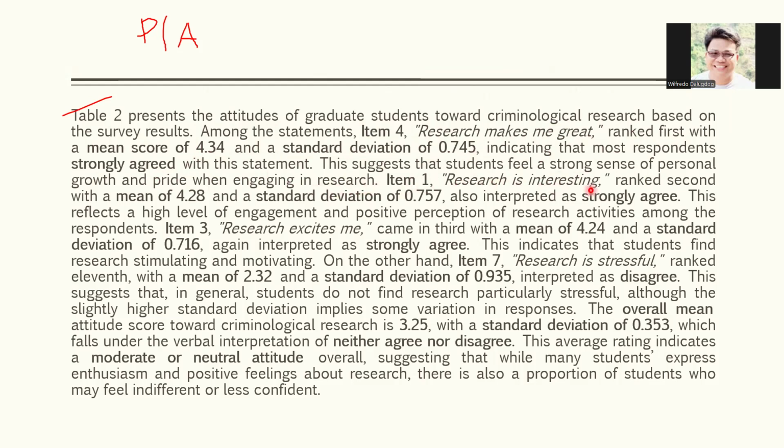Item 1, research is interesting, ranked second with a mean score of 4.28 and a standard deviation of 0.75, also interpreted as strongly agree. This reflects a high level of engagement and positive perception of research activities among the respondents. As you can observe, after presenting the data for the three highest, one lowest, and overall mean score, I put here the interpretation and analysis of the data.